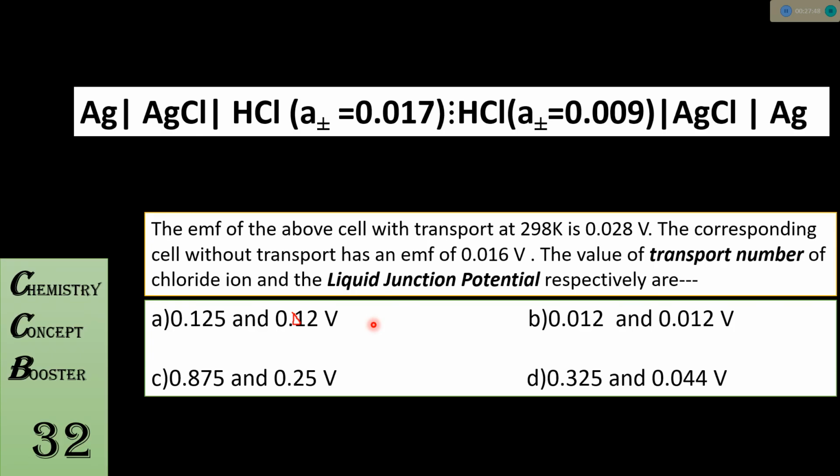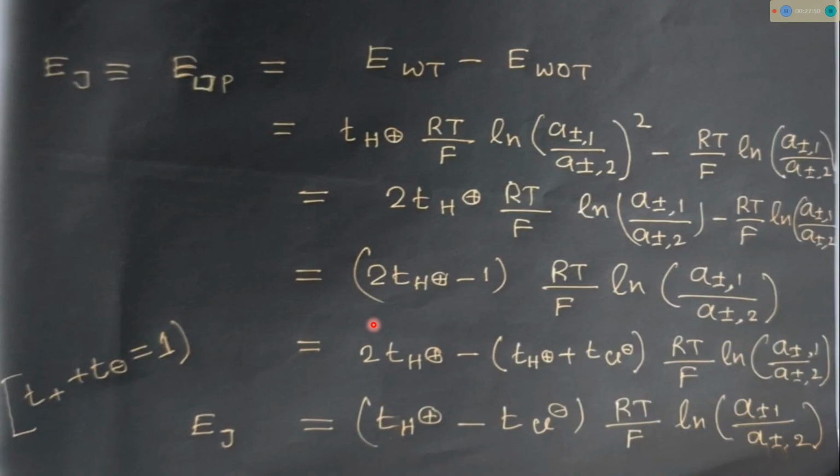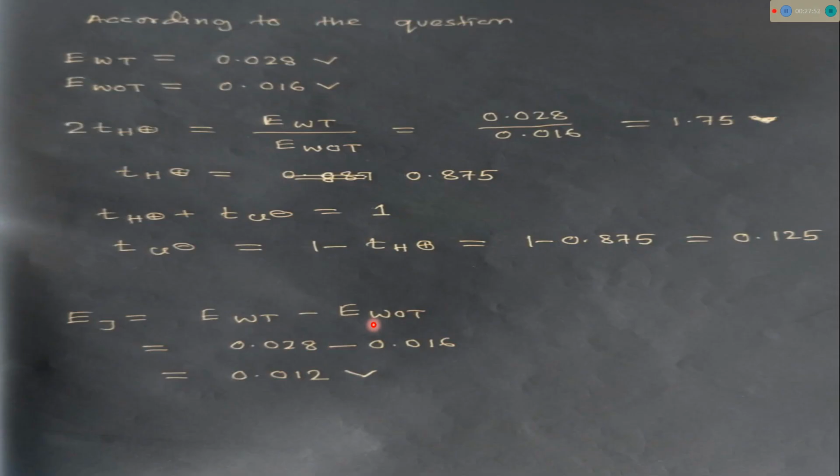I hope you guys understood the concept or the theory behind this kind of questions: concentration cell, with transport, without transport. We saw some expressions, the cell EMF expressions with transport and without transport. The ratio of EMF with transport to EMF without transport is 2 times the cationic transport number.